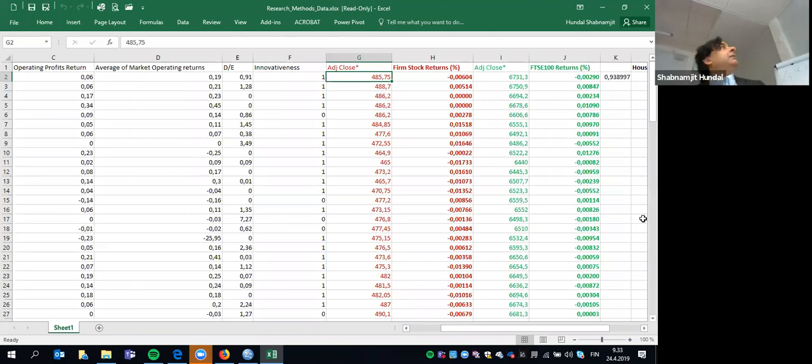It means that innovativeness, operating profit, the firm's stock return, the firm's debt, equity, whatever those variables are, you don't have to worry because they would change depending upon your interest, they have no impact on the company's stock price.